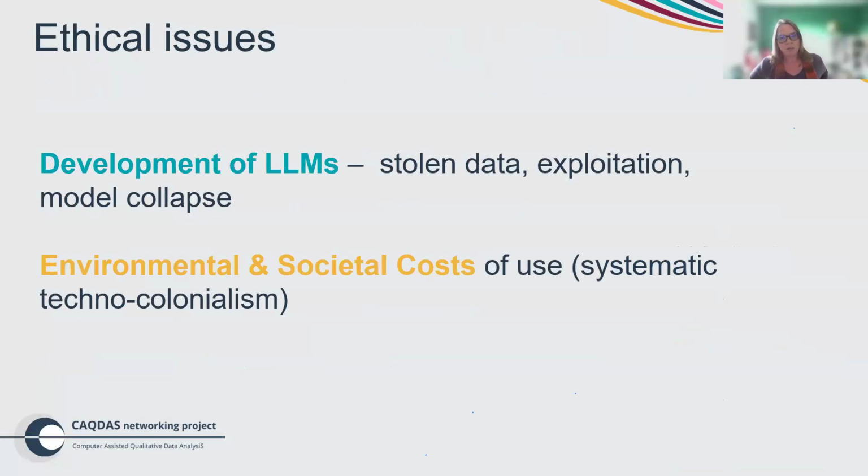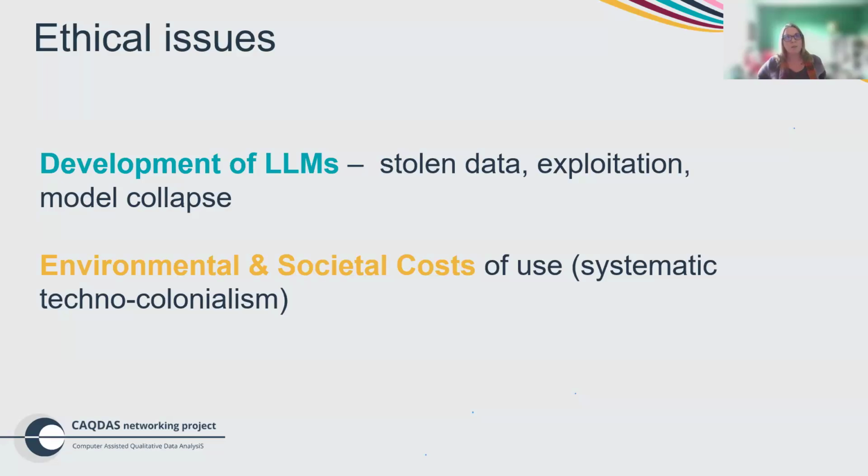And at the end of the slides, there are some links where you can go and find out more about this. But in terms of ethics, we need to think about the development of the large language models and also the impacts of our use of these models in environmental and societal terms.